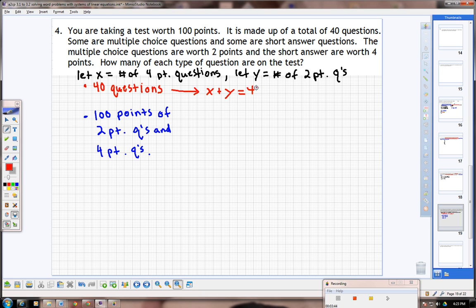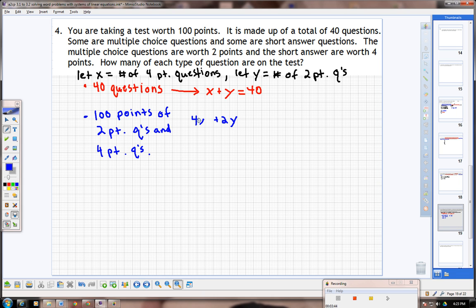Now, this other equation down here, some people were getting, I have to multiply 2 by the number of 2-point questions. In this case, 2 would be multiplied by y. And I would like to write that right underneath the y's here. I'm going to add to that 4 multiplied by the x. And that's based on how I define my variables.